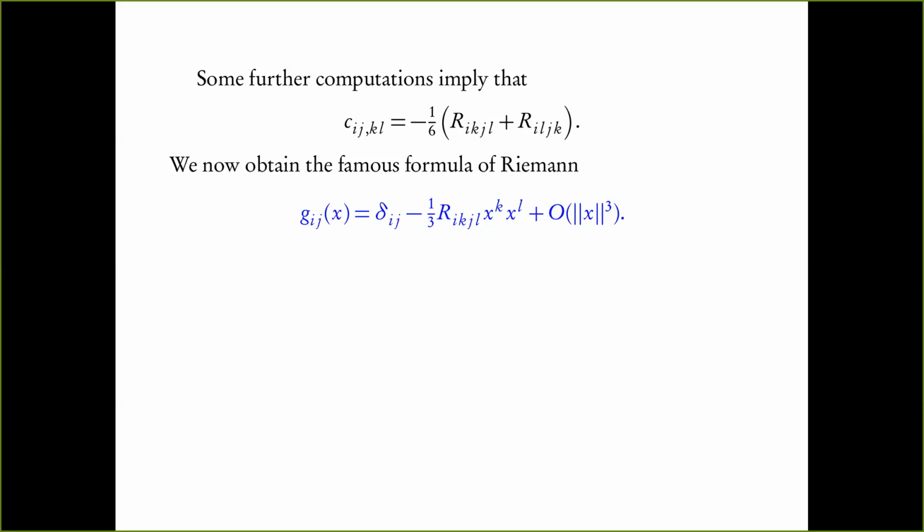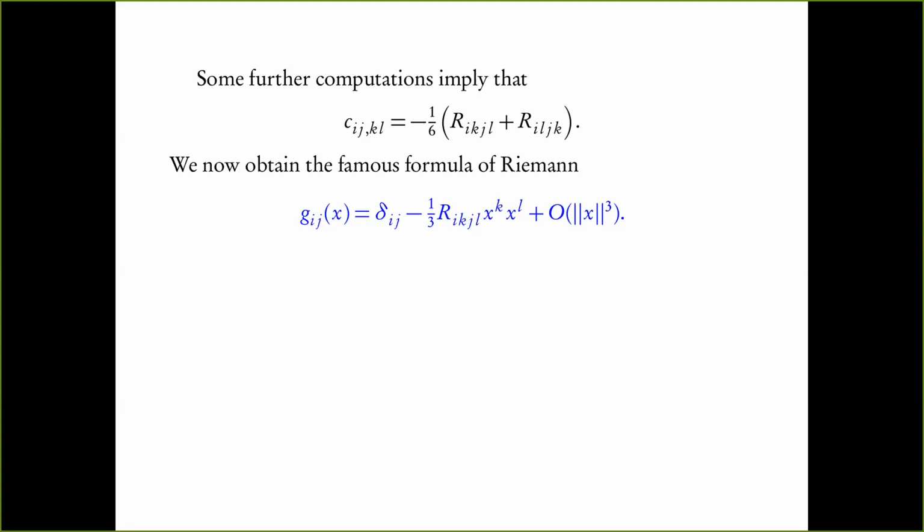There's a minus 1/3 because there was a half and the half, remember, Cij already has a half, and the half is going to cancel and the minus sign stays. So I get a minus 1/3. And then because I have these sums over here, I can put 1/3 Rikjl here and 1/3 Riklj there because the xk xl takes care of the symmetry. And then there are order 3 terms and higher. Okay, so this is what we get.